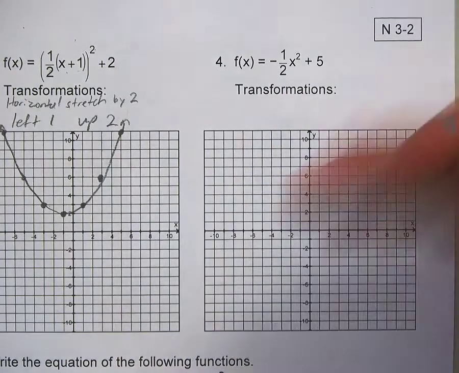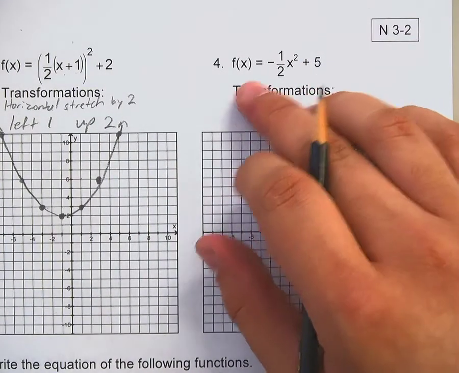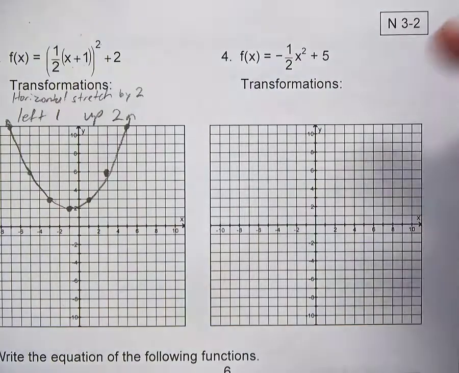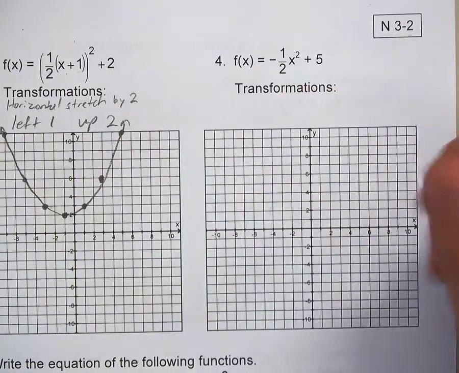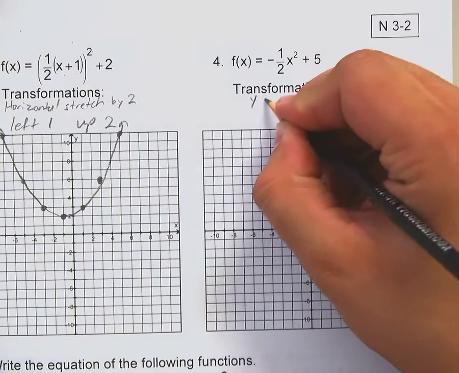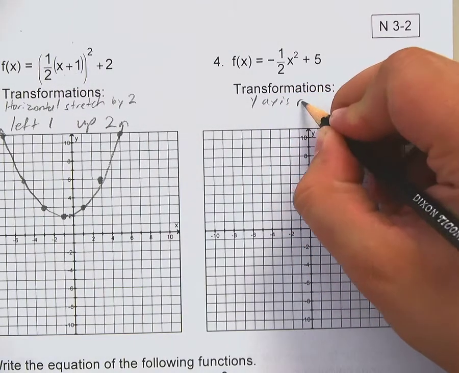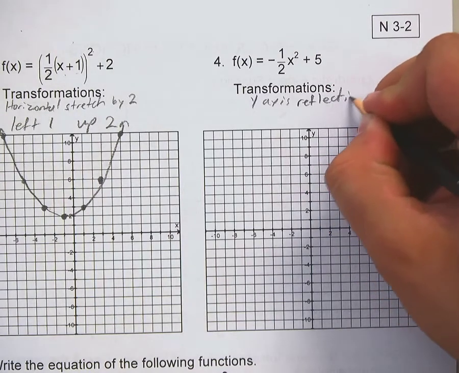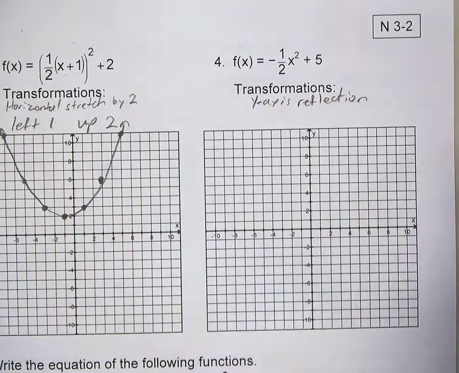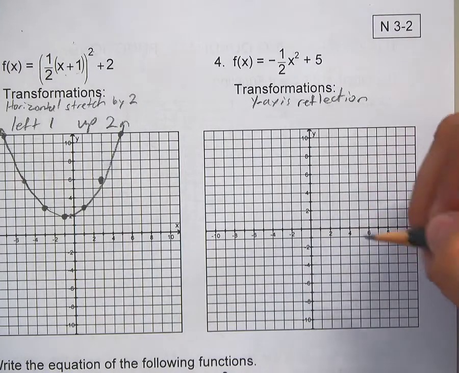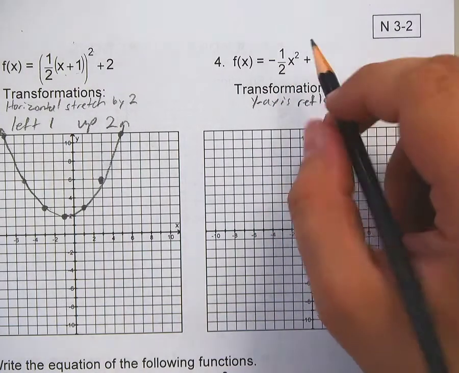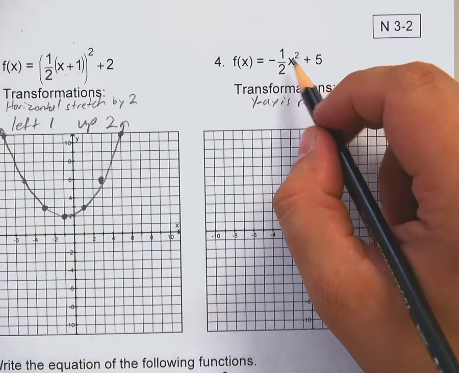So for this one, my first thing I see coming off the bat here, it's a negative in front of everything here. So this is going to be a y-axis reflection. That means now it's going to be an upside down parabola because the leading term is negative. Now this is outside of this x, right?